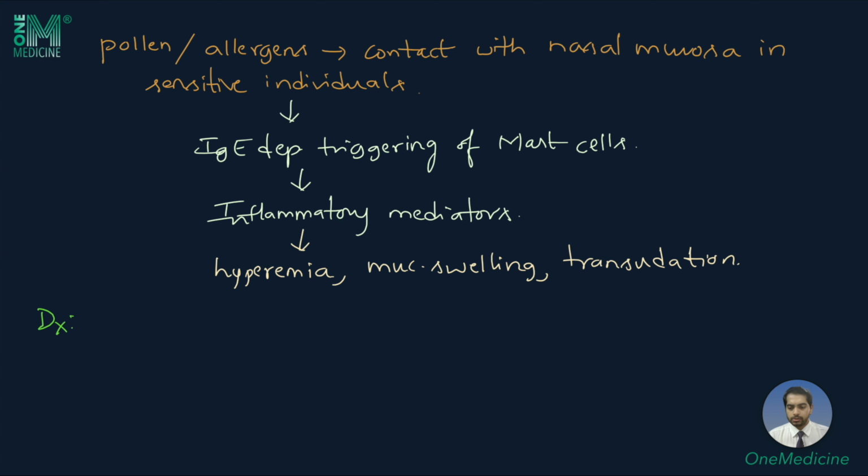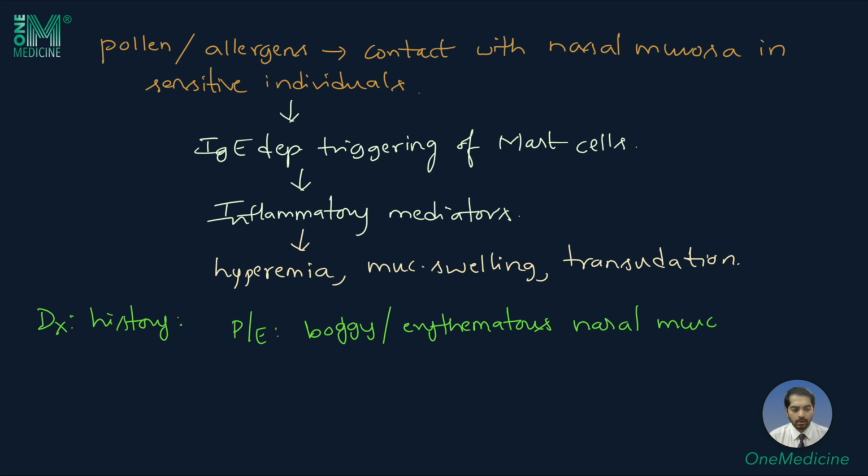The diagnosis is based on history. Physical examination of the nose may reveal boggy or erythematous nasal mucosa. Sometimes even nasal polyps are seen. Conjunctival inflammation or edema may be noted.